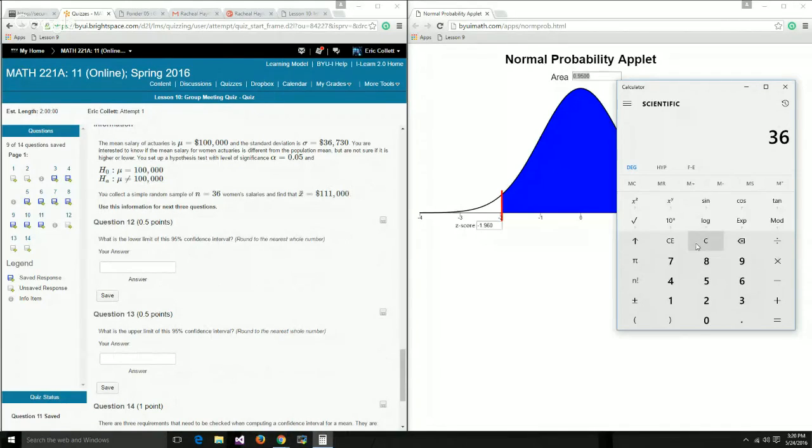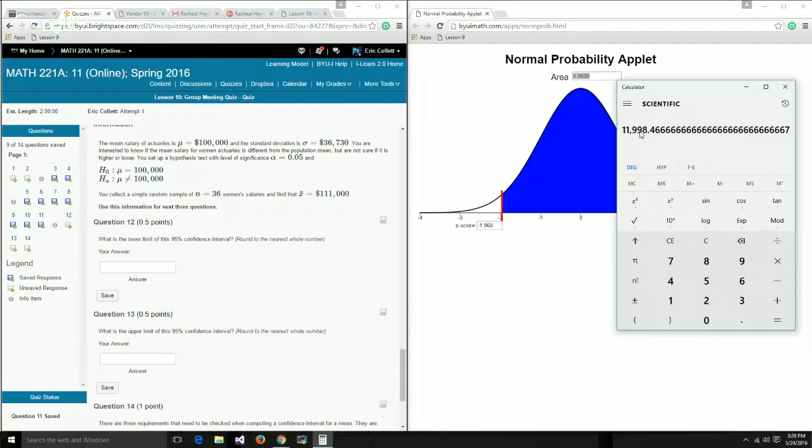So we have to do the square root of 36, which equals 6, and then do 36,730 divided by 6. I have to put it into my memory. And then we have to times the z-score by that. I'm pretty sure this is the margin of error. I got 11,998. Mm-hmm.